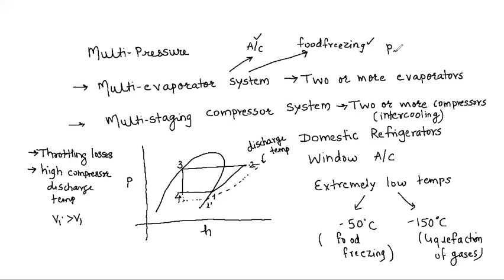As a thumb rule, if the value is 4 or greater than 4, then it is desirable to opt for a multi-pressure system. Please remember this number.